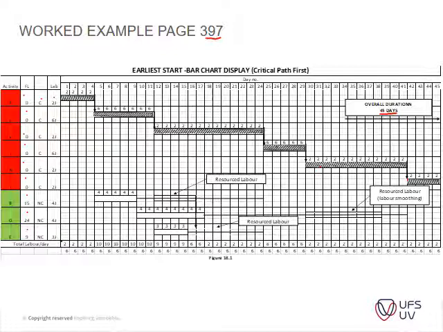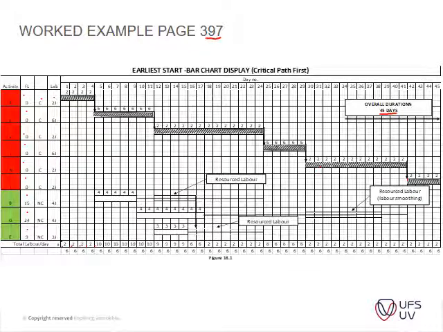For instance, here we need 2 laborers per day for item A. For item C, we need 6 laborers per day, and D 2, and so forth. So you list those laborers and you add the number of laborers that you need per day. That's how you add it.